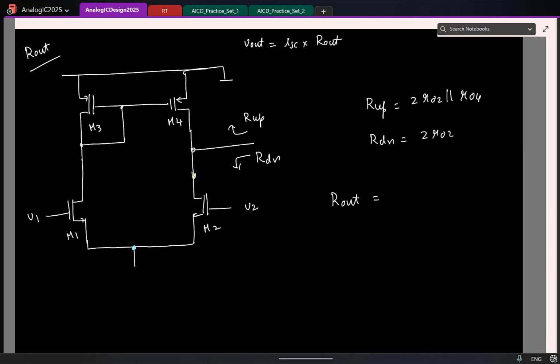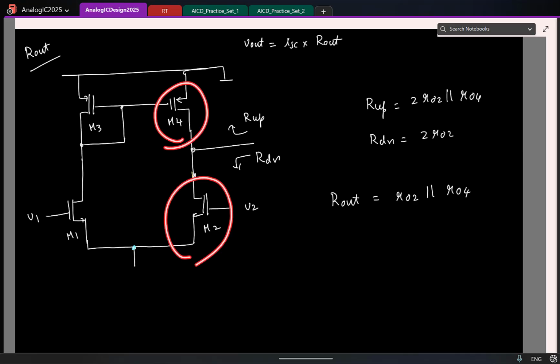It is a parallel combination of up and down. What will that be? R02 in parallel with, is that clear? I have 2 times R02 and 2 times R02 in parallel. That reduces to R02. So effectively the looking in resistance turns out to be the parallel combination of R04 and R02, right?